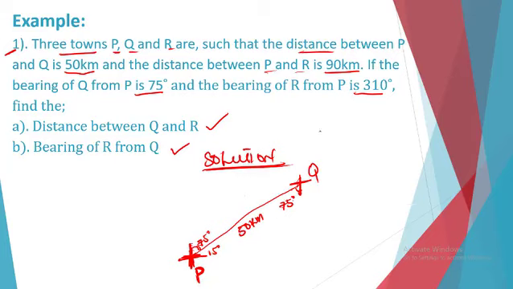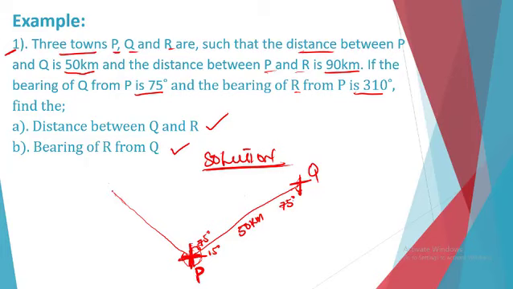We've drawn this, and it says that the bearing of R from P is 310. We start here. From here to here is 90, then 180 plus 90 again gives us 270. And then we are looking at 310, so let's assume that 310 is somewhere here, and then we'll draw a line.